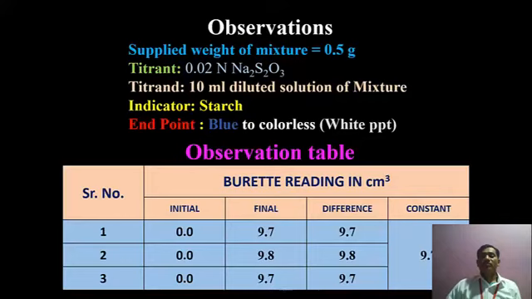When we calculate the difference, it is 9.8. Finally, for the third reading, initially it was 0.0, finally it obtained 9.7, then the difference was 9.7. Hence we obtain these three readings for 3 titrations, out of which 9.7 is constant, and hence it is taken as the constant burette reading, that is 9.7.